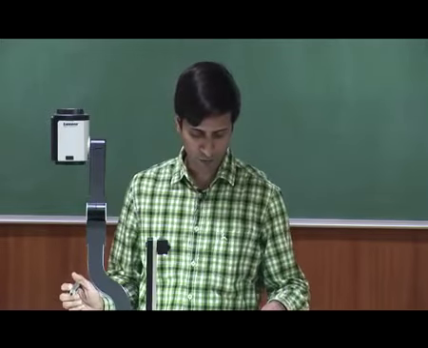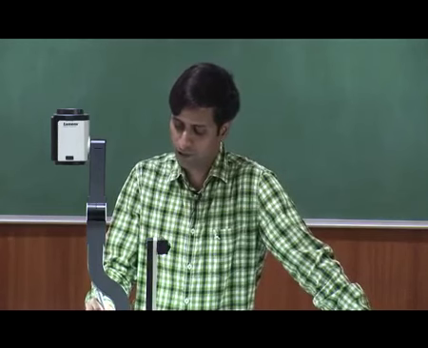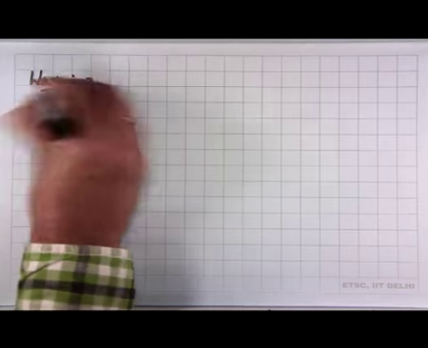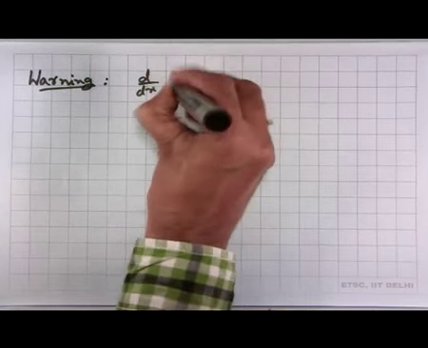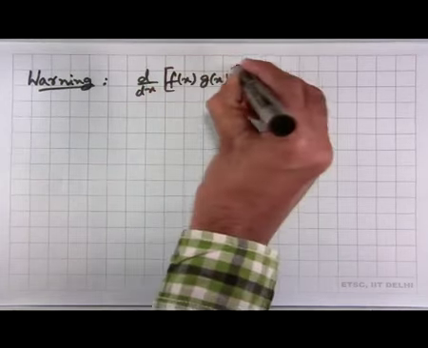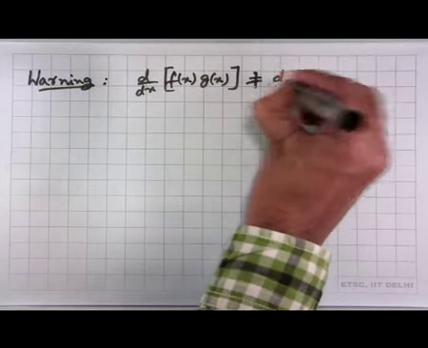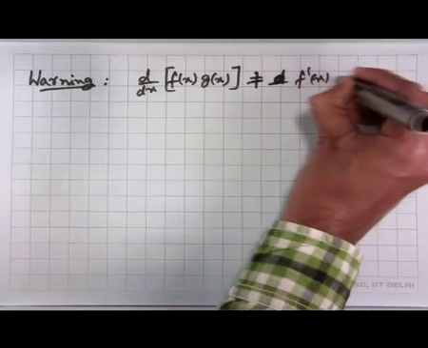right. So, this is a very important formula, and when we derive this formula, let me write a warning: d by dx of f x times g x, you should not write that this is simply equal to f prime x times g prime x.